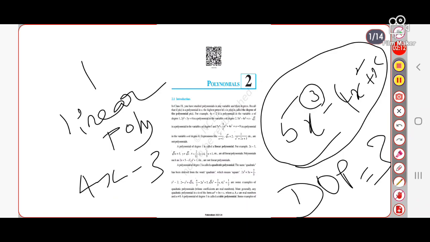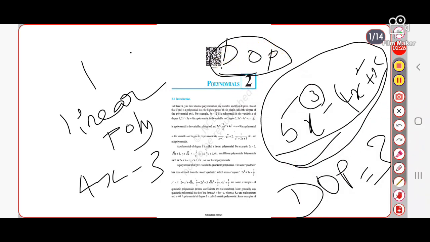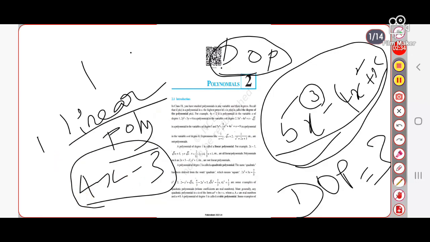For calculating the degree of a polynomial we have to see the highest degree present in the entire polynomial. So the degree of a linear polynomial is always 1. When a polynomial has a degree of 1 it is called a linear polynomial.